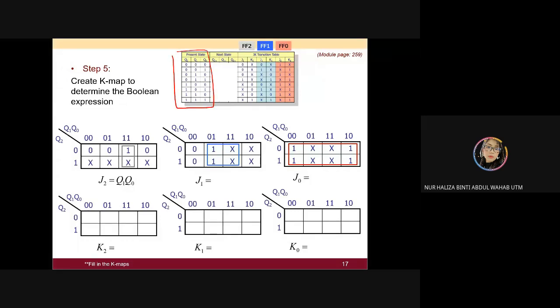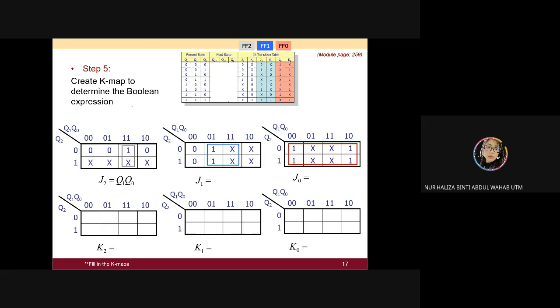As I already informed you, it doesn't matter, you can draw like this, Q0, Q1, Q2, because you're going to get a totally similar answer.